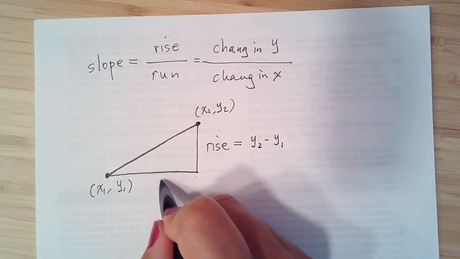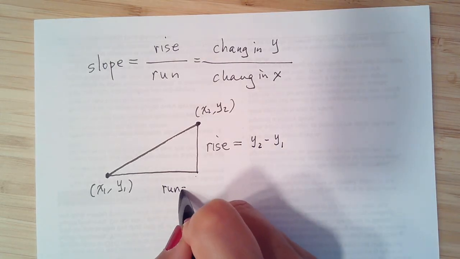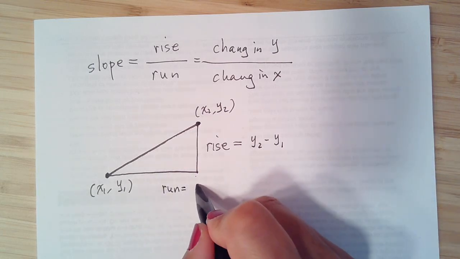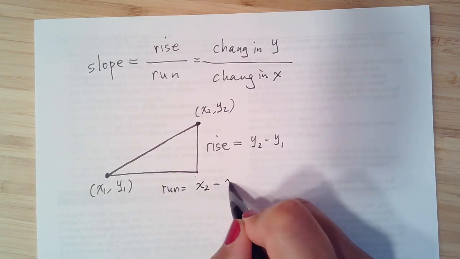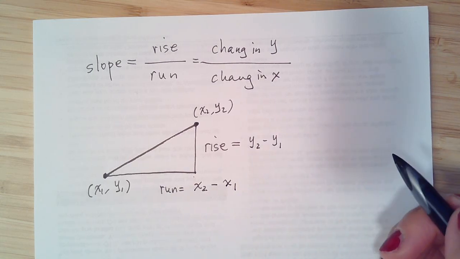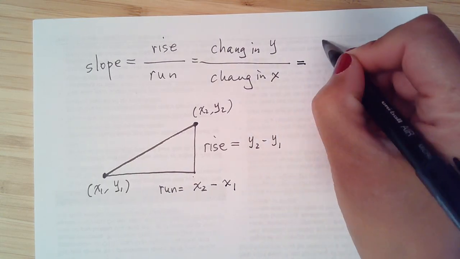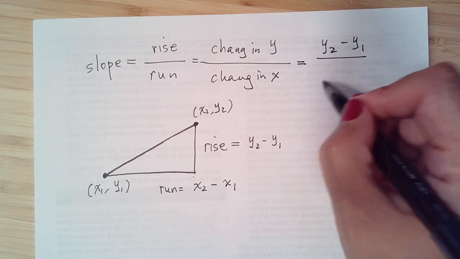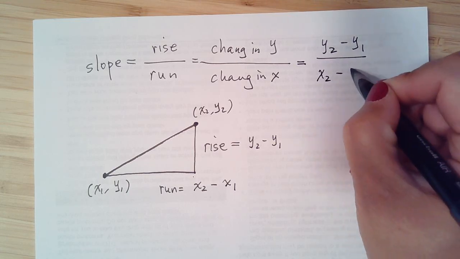And your run goes from here to here. That's a change in the x-axis, so that is x2 minus x1. Therefore, the slope formula will be y2 minus y1, change in y, over x2 minus x1.